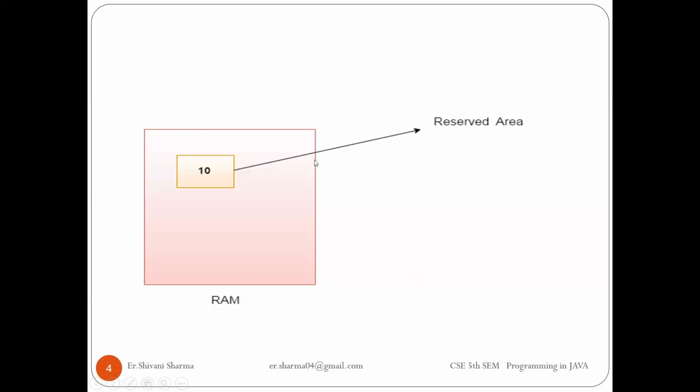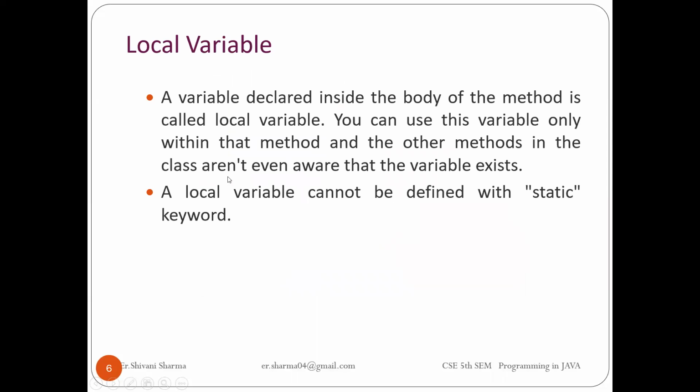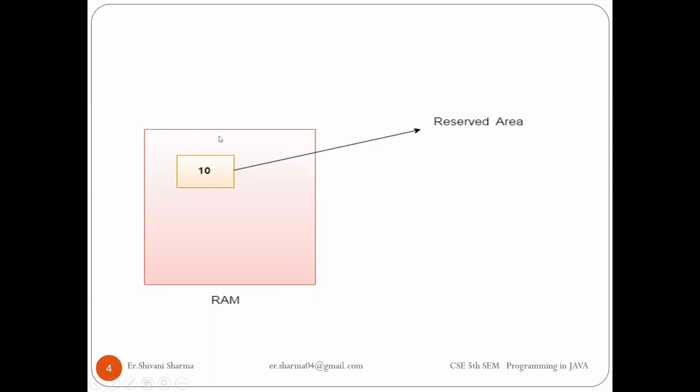As you can see in this slide, there is one RAM block. By writing data equal to 10, it starts providing the memory in the RAM. That is according to the data type which you are using in your program. If you are using the integer type, that means according to Java, it occupies 4 bytes of memory.